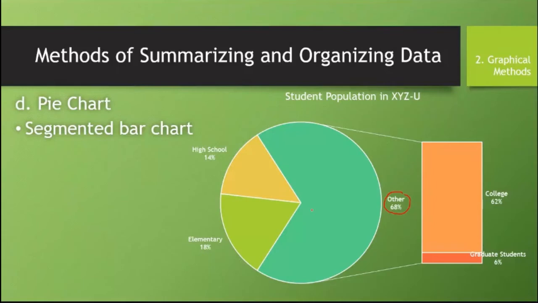Among others, you have 6% are graduate students and 62% are college students, which comprises 68%. Others would use it if you have a very small value here, but this very small value is composed of a lot of data, so you will use a segmented bar chart to present a small portion here.